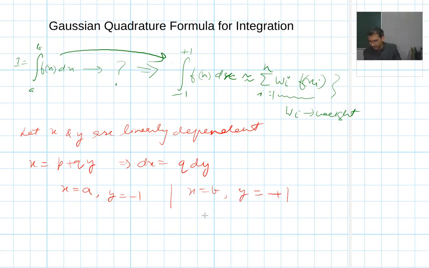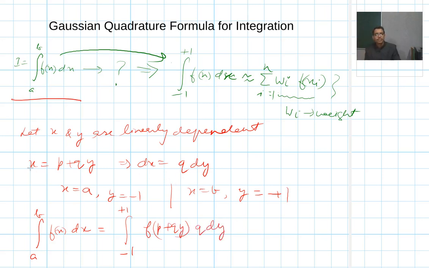If I do this, then this integral can be rewritten as: the integral from a to b of f of x dx can be written as the integral from -1 to +1 of f of p plus qy times q dy, right?